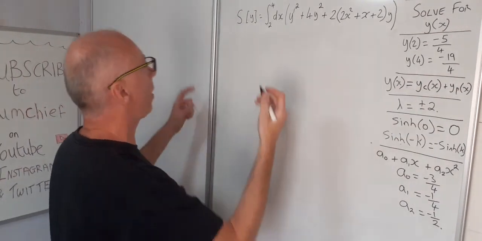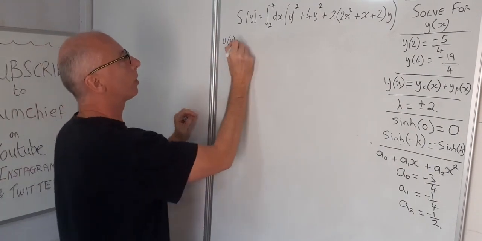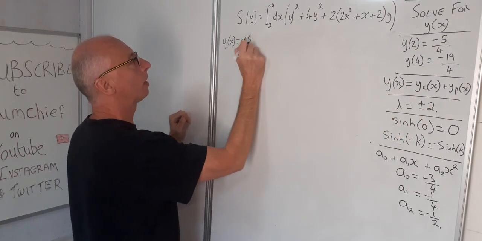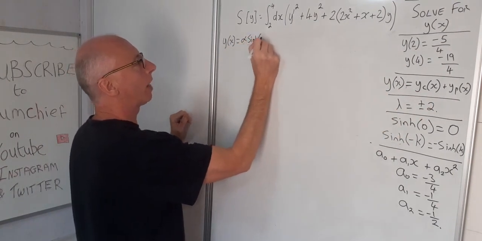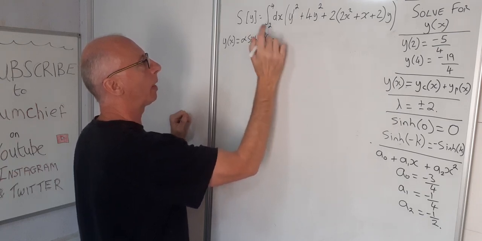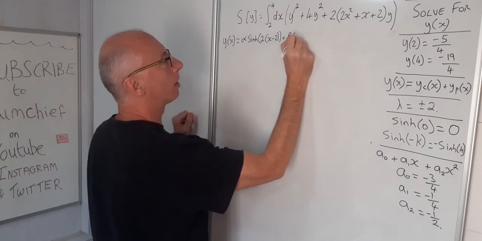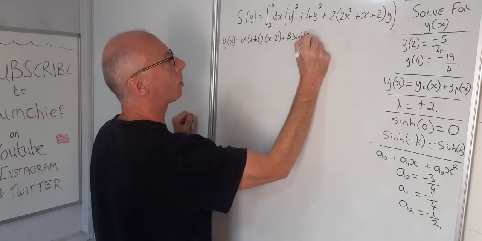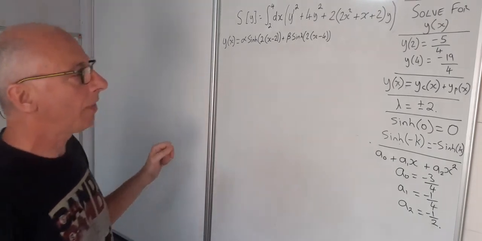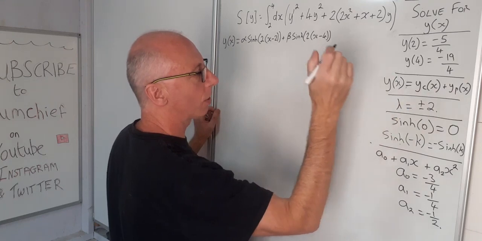Okay, so now putting it all together. Just remembering what we'd already done, we got y of x equals our complementary function, so that's alpha sinh of lambda, which was 2, times x minus the lower value of our boundary, which is 2, and then add beta times sinh of 2 times x minus the upper boundary, and then after that we add on our particular solution.